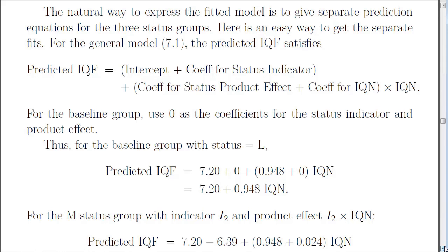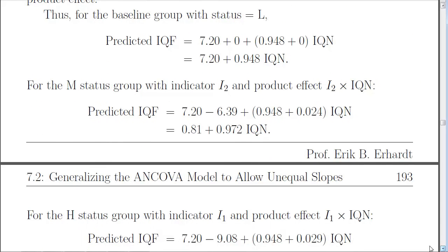So let's look at our three groups here. We have our baseline group, the status equals L, and we've got the intercept and the slope. These are coming right off the table from above.